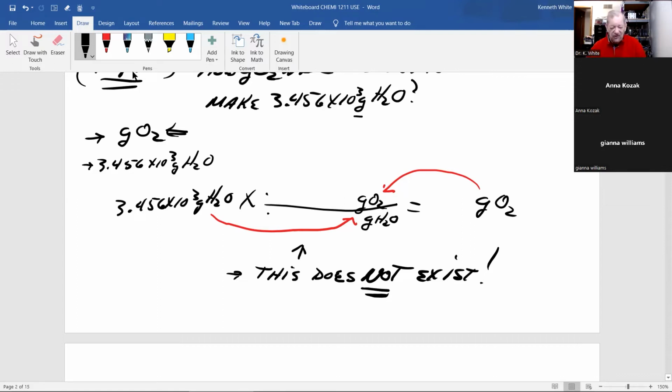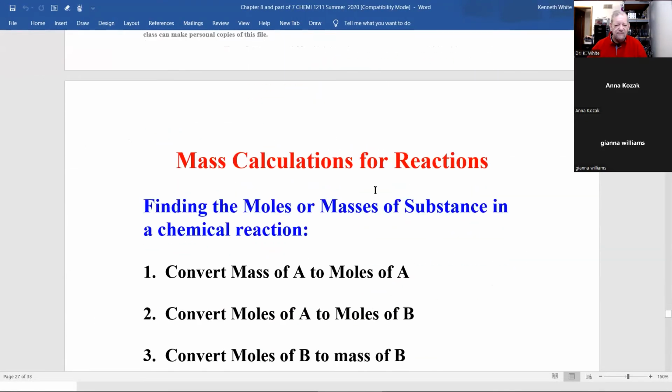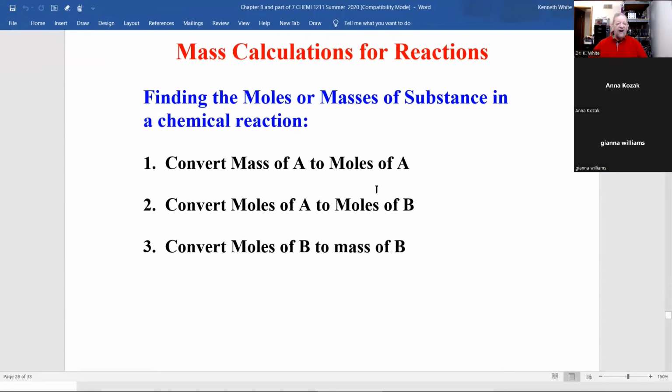No, here's what you have to do. What I call, and in your book I think it's, mass calculations for reactions. Finding the moles or mass of substances in a chemical reaction. And there are 3 steps.